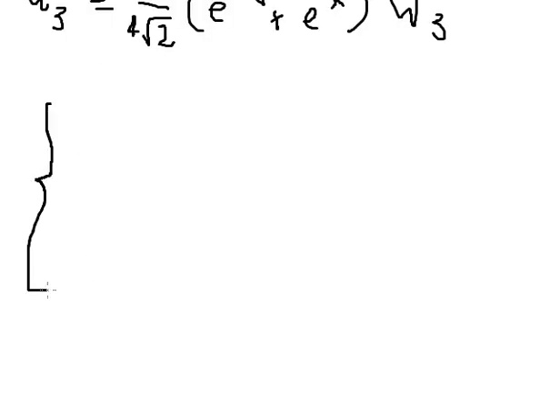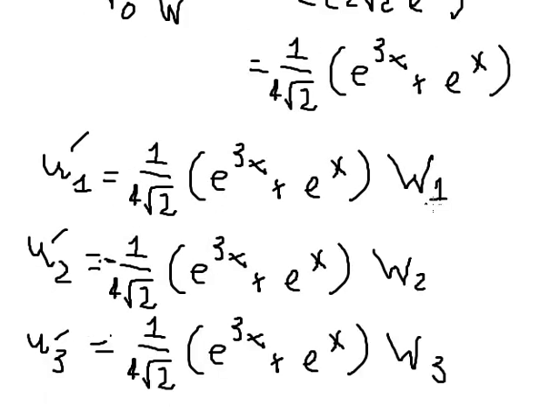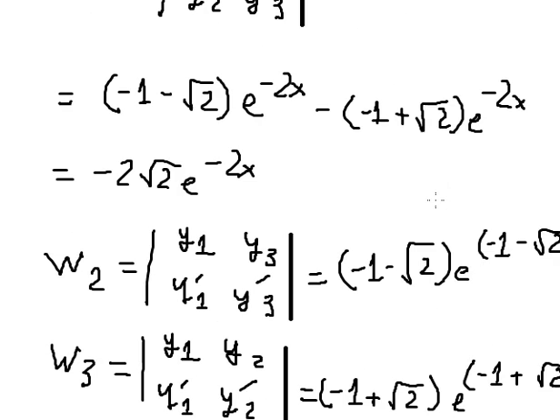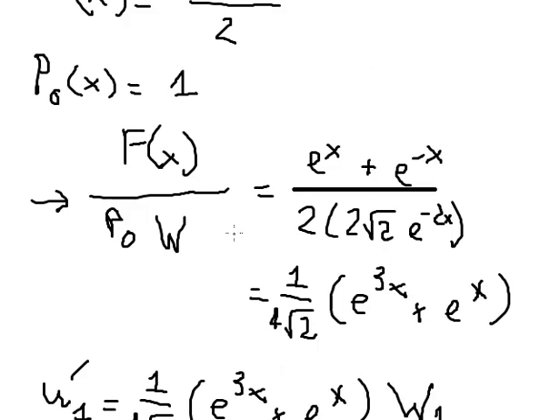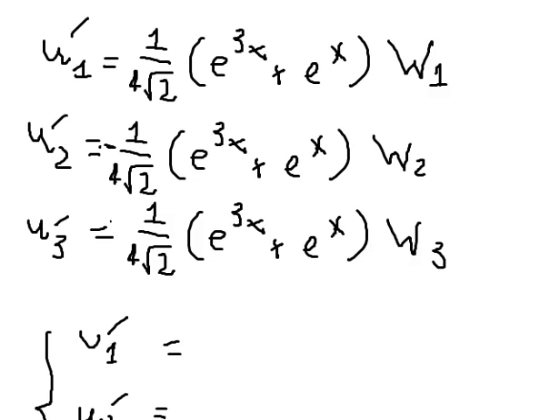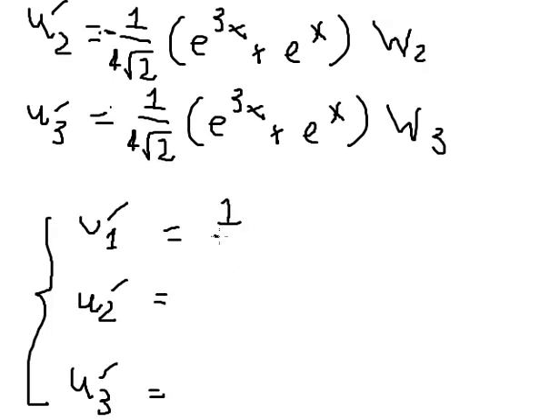So if we simplify, so w number 1, we have this one. Now combine together, you got 1 over 2 e to the power of s minus e to the power of negative s.